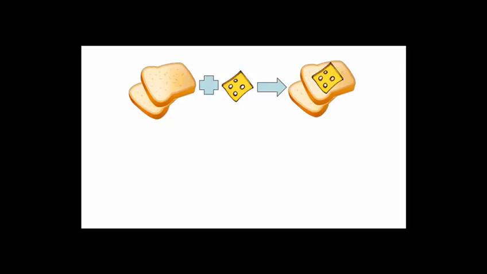Alright guys, let's try this simple example to determine the limiting reactant. We are going to prepare cheese sandwich, for which each set of cheese sandwich needs 2 pieces of sliced bread with 1 slice of cheese.